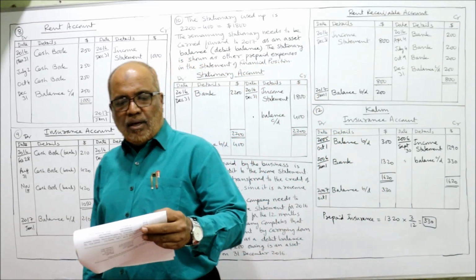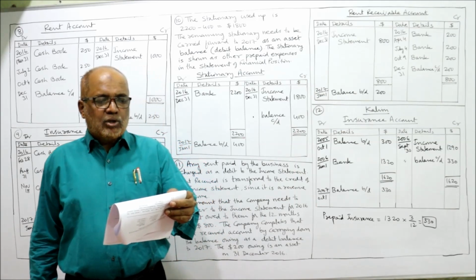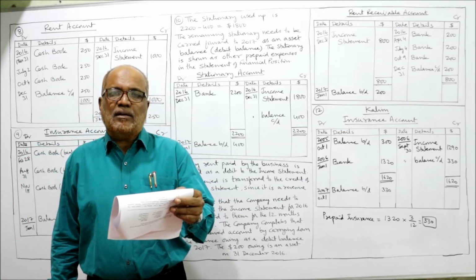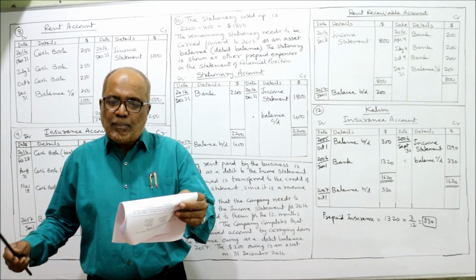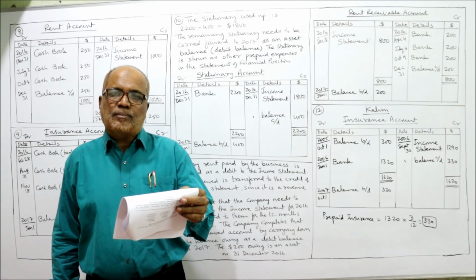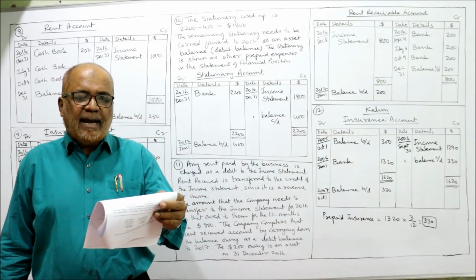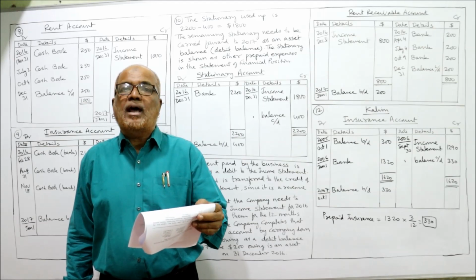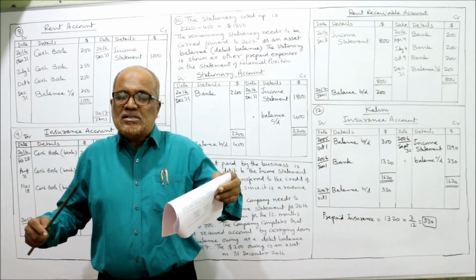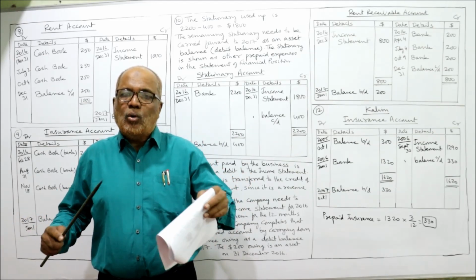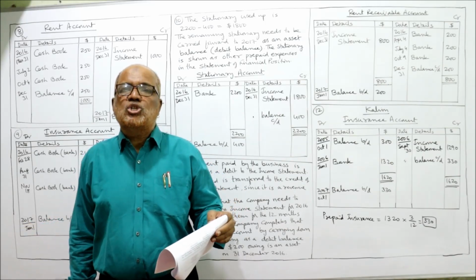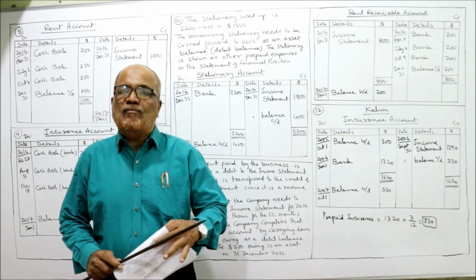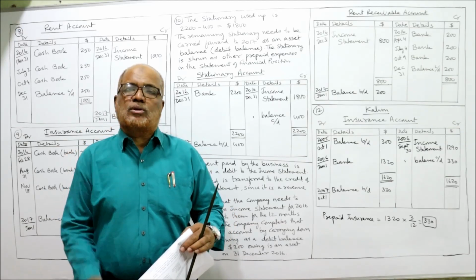Now the 10th problem. A business buys stationery to the value of $2,200 in 2016. At the end of the year, they still have $400 of this stationery on hand. That means the whole stationery purchased is not consumed. Out of $2,200, $400 worth of stationery is unused.